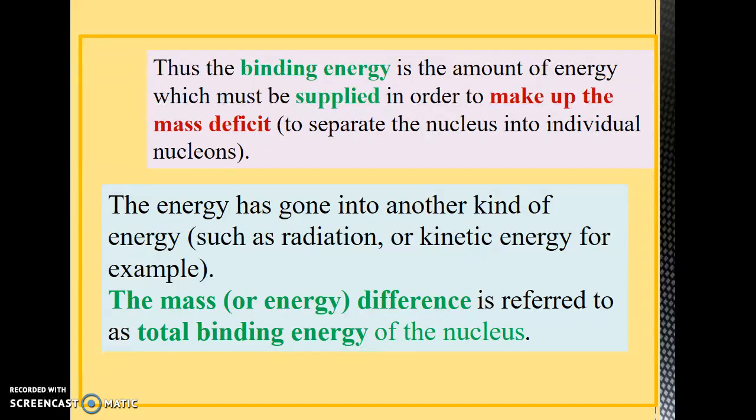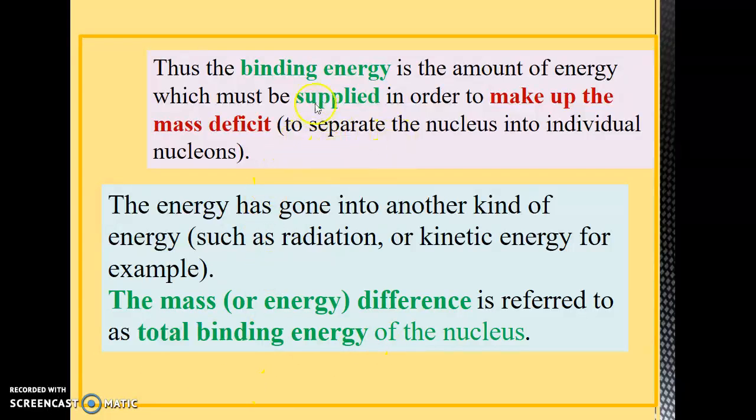So the binding energy is the amount of energy which must be supplied in order to make up the mass deficit, in other words, to separate the nucleus into individual nucleons. If you'd like to think of it as playing snooker, to break up that initial triangle of snooker balls you need to provide energy from the outside, like a cue or a different snooker ball that is hit into that triangle.